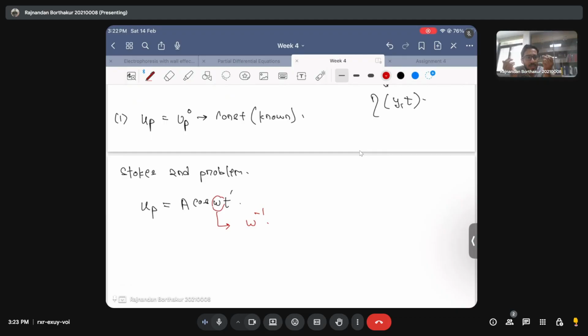This time scale, as we will formally define very shortly, is known as the characteristic time scale of the problem.